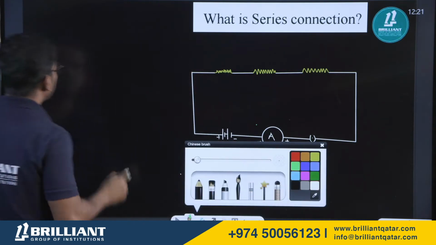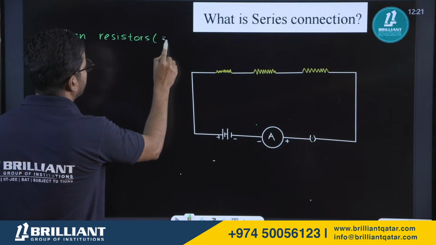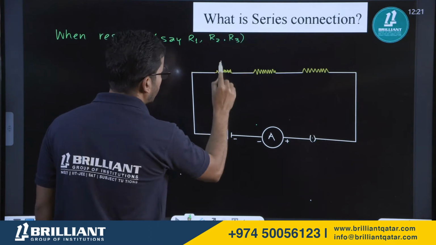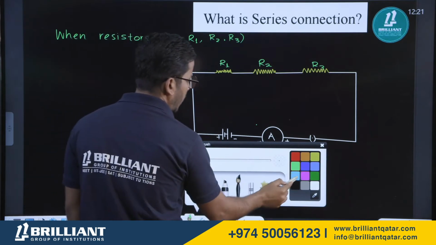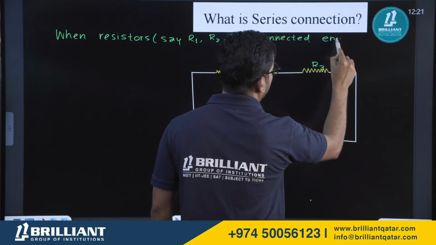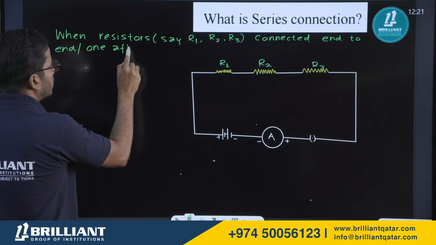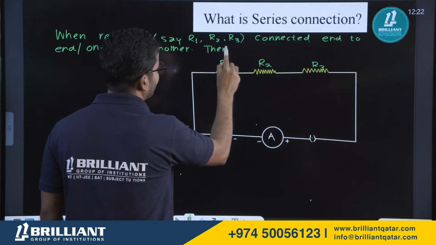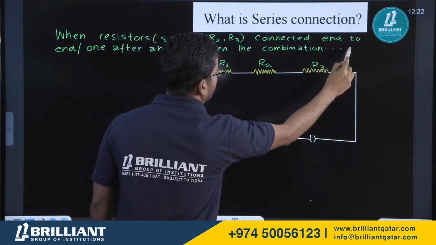Let me write a script for you. When resistors, say R1, R2 and R3, are connected end to end, so this could also be one after another, then the combination is said to be in series connection.